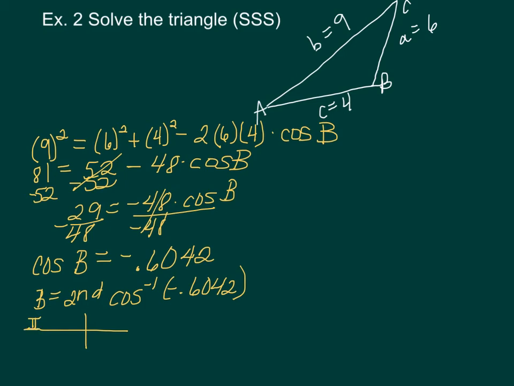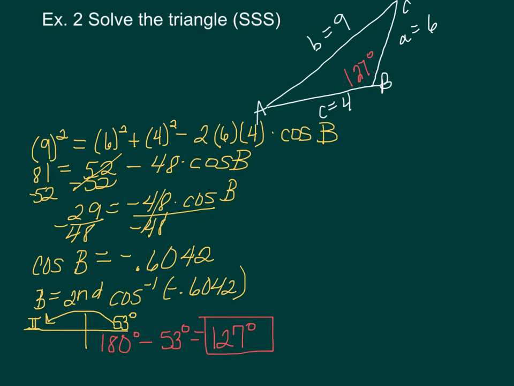So what that means is after you do second cosine, you're going to get 53 degrees. But 53 degrees is in quadrant 1. We need it to be in quadrant 2. So you have to do 180 minus 53, and that'll give us 127 degrees. Okay, so you got to be careful. You got to know your quadrants for the inverses. So angle B is 127.